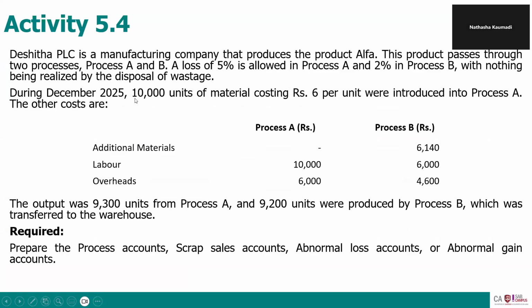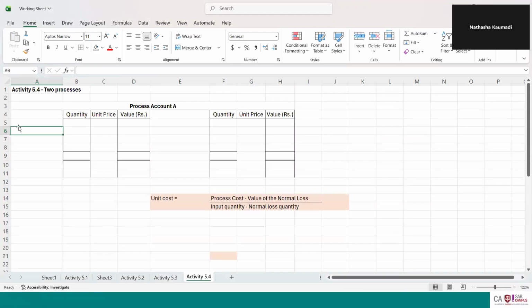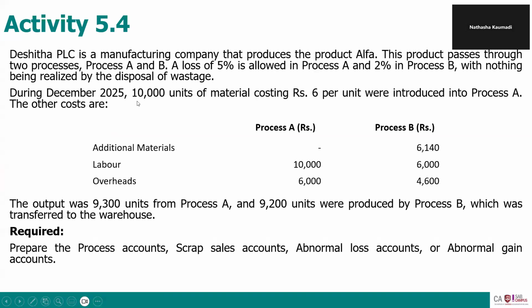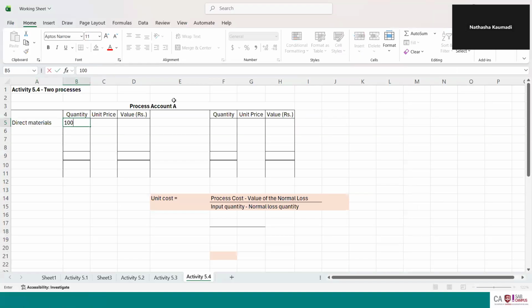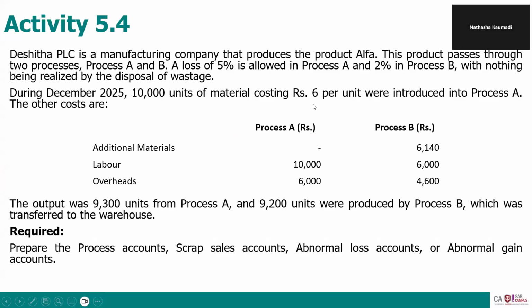During December, 10,000 units of material costing 6 rupees per unit were introduced into process A. So we are starting with process A. First of all, materials. I would say like materials because we have overhead separately. How many units? 10,000 units. What is the unit price? 6 rupees per unit.